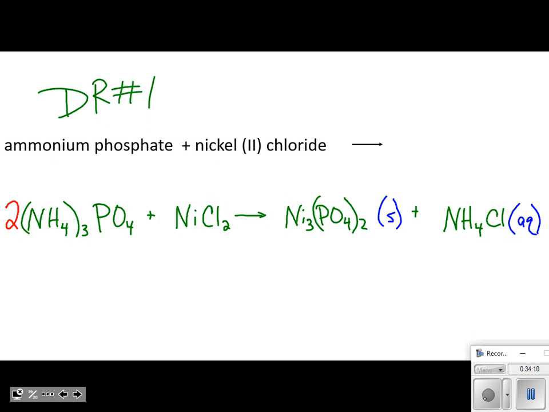Next, I'm going to go with my nickel, because I see I have 3 nickel in the product side, so I'm going to go 3 nickel in the reactant side. That gives me 2 and 3, 6 ammonium and 6 chlorine. So if I put a 6 right here, I should have that balanced up.